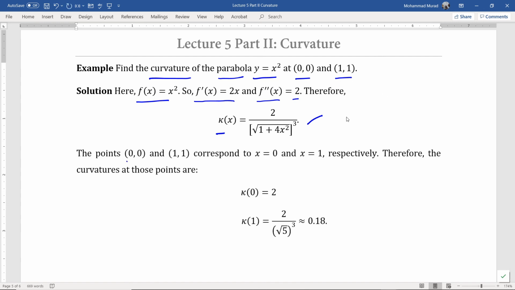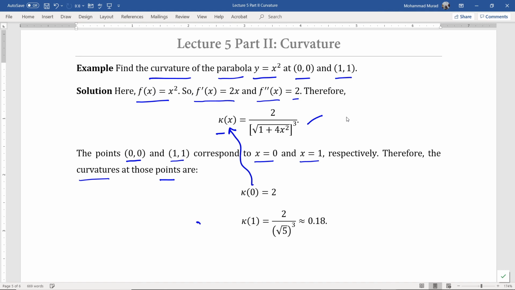Now the points 0, 0 and 1, 1 correspond to the parameter values x equals 0 and x equals 1 respectively. Therefore, the curvatures at those points are given by these numbers. So the kappa at 0, if we substitute x equals 0, we get 2.